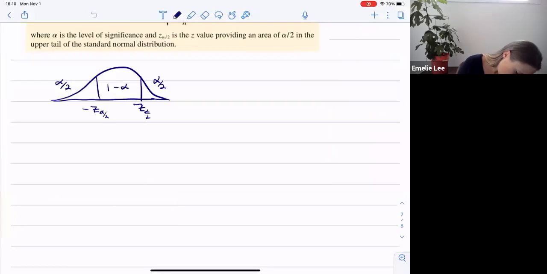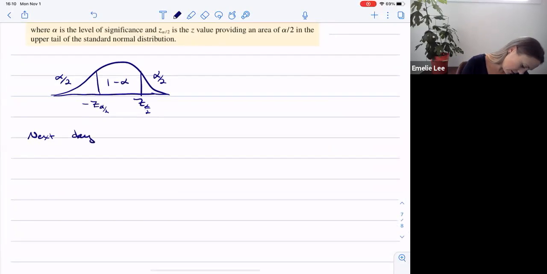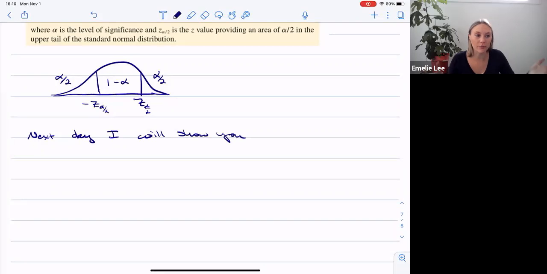So next day, I do want to talk about inference or hypothesis testing just a little bit, but I'll just make a note here that next day I'll show you how to make confidence intervals for a mean as well as a proportion in R. You can Google it, you can find it on your own, but I just want to show you so you have some resources here.